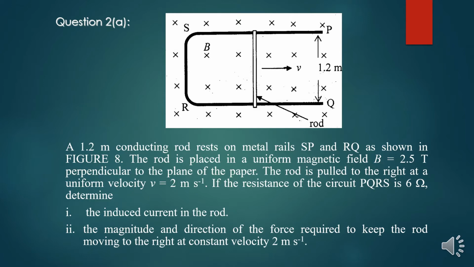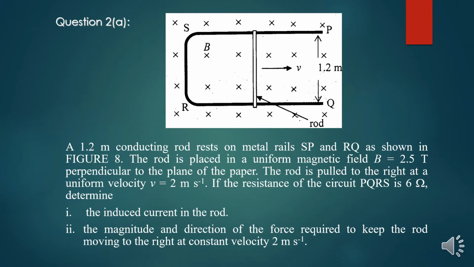If the resistance of the circuit PQRS is 6 ohm, determine, one, the induced current in the rod, and then you need to calculate the magnitude and the direction of the force required to keep the rod moving to the right at a constant velocity 2 meter per second.